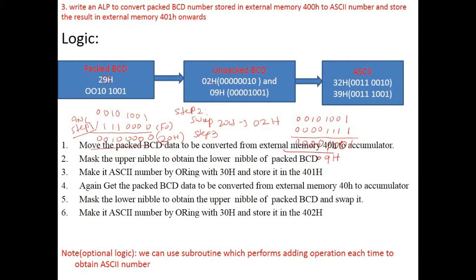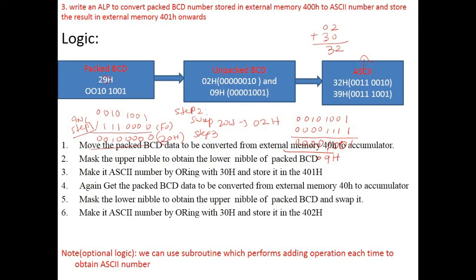So now here we got 02H and 09H. Now in the next step, the equivalent ASCII value for 2 is 32H and the equivalent ASCII value for 9 is 39H. So what we can do is add 02H with 30H, so we get 32, or we can append 3 with the 02.